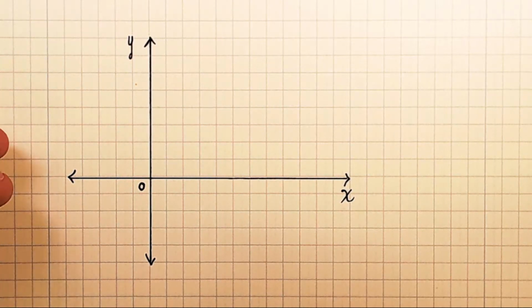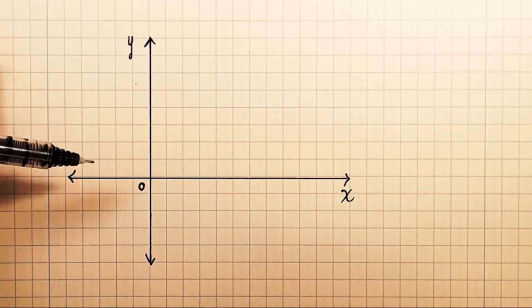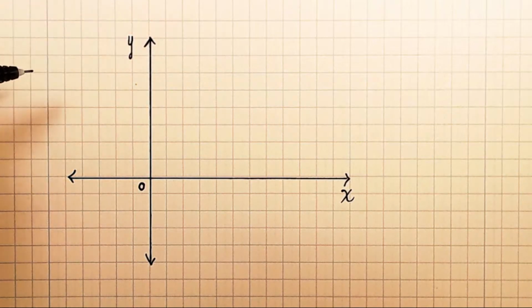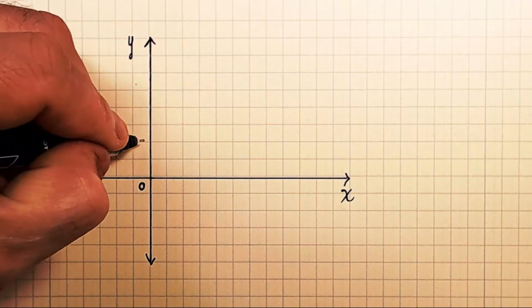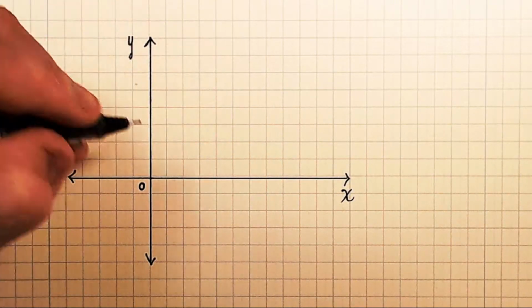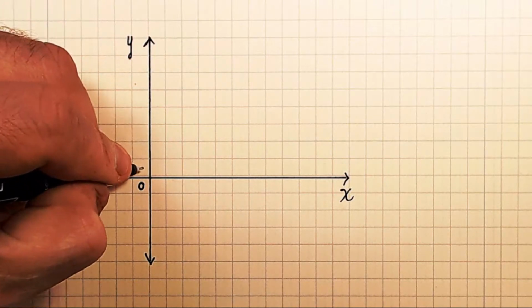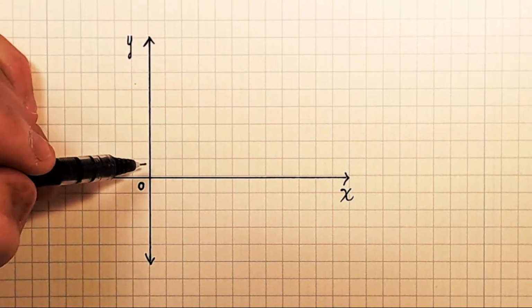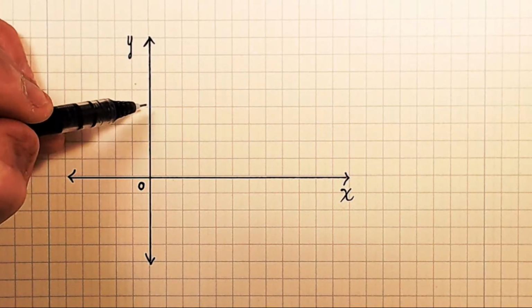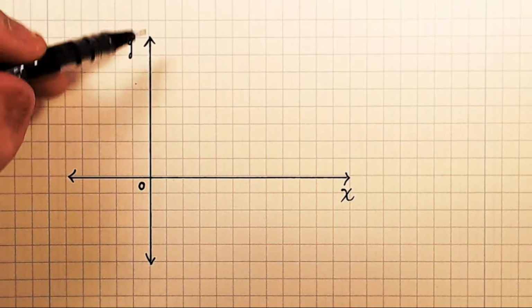Now, let's graph the linear equation y equals x plus 2. In order to graph that, we need to demarcate our points. So, if I have enough space, this should work. We will use these boxes as units. So each box is 1.